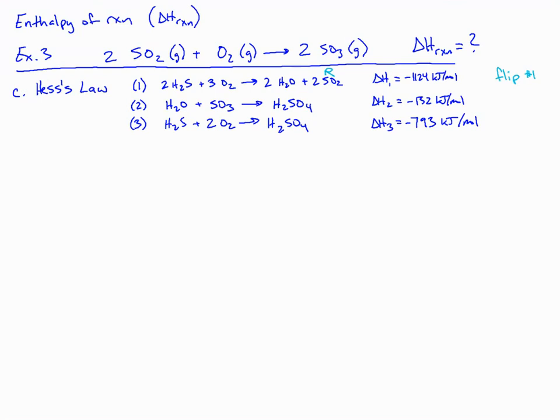Now that does pose a problem with the oxygens because now they're in the products, but this is not the only reaction that has oxygen. Reaction 3 also has oxygen. So once we flip that, I'm going to go ahead and rewrite reaction 1 for now. So I flip number 1, and that gives me this reaction.